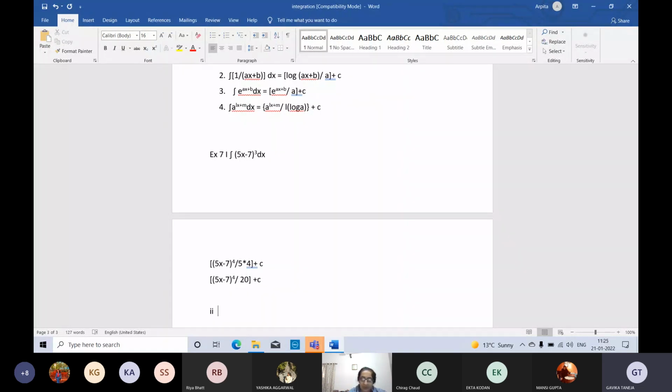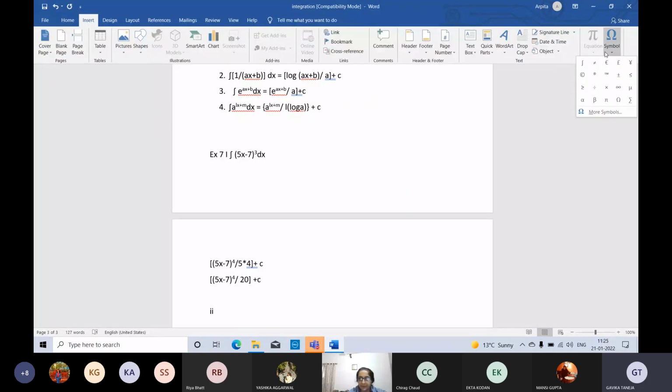So the question here is, I have to integrate 1 upon 1 minus x. This is what I have to integrate.